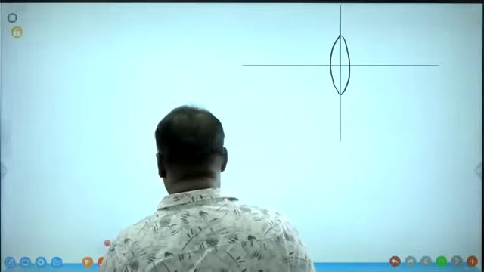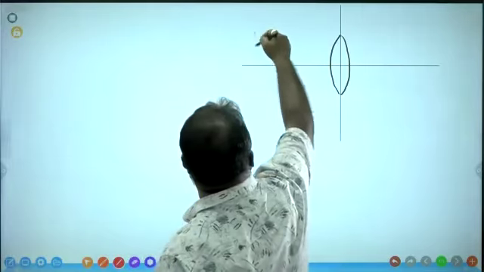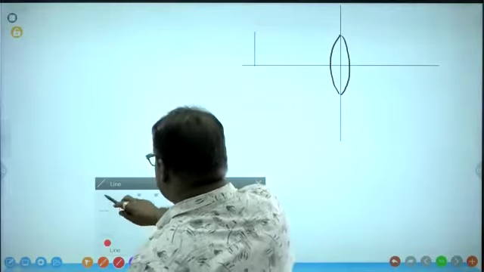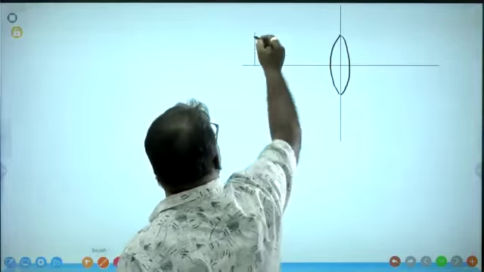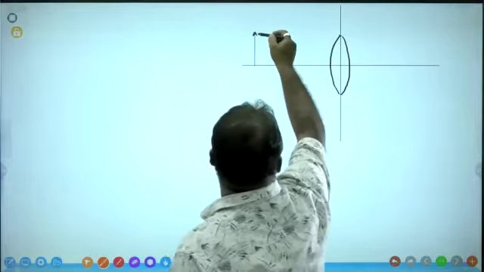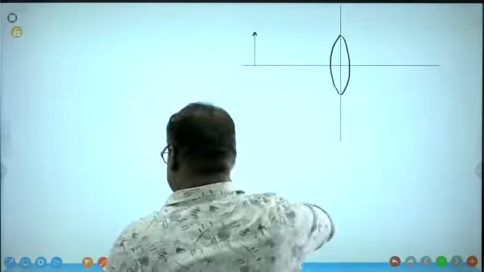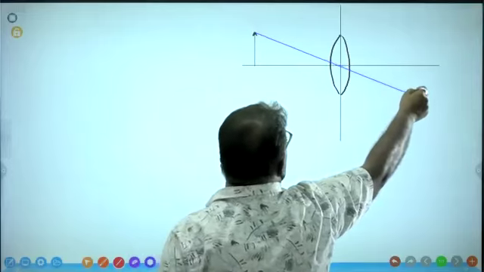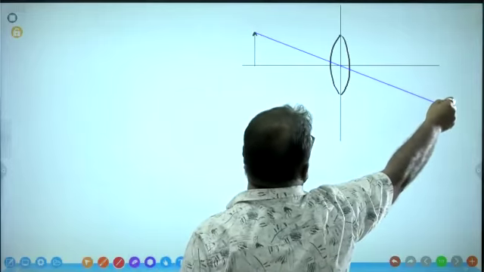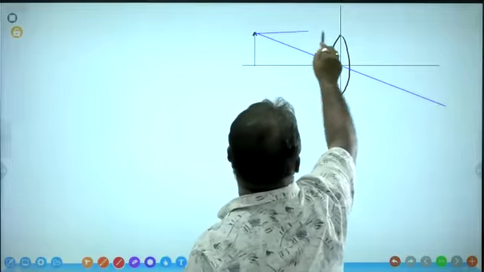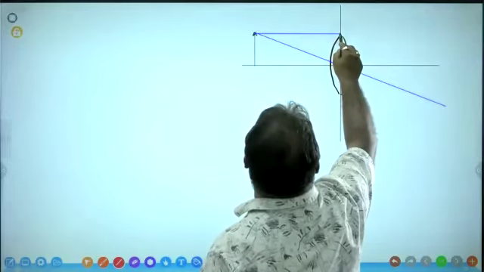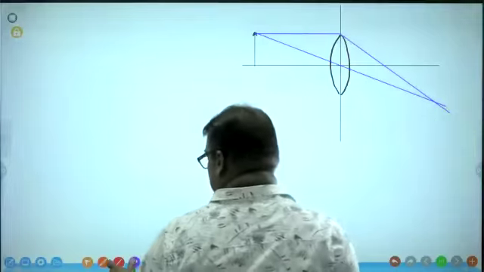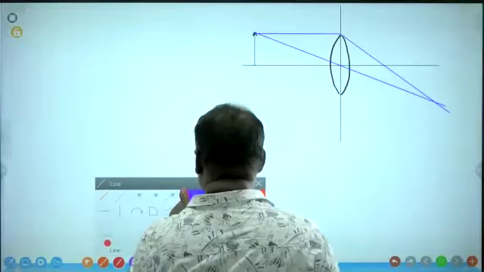Keeping the object at a point right here, the formation of the image is considered. The image is formed by the lens at a point like this.